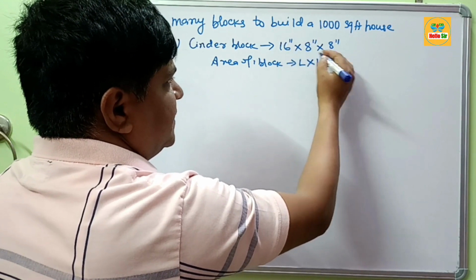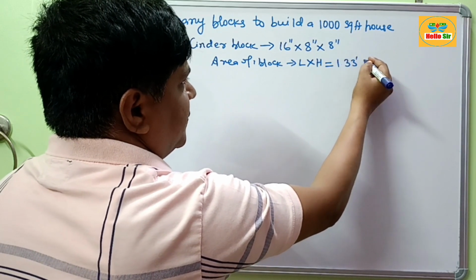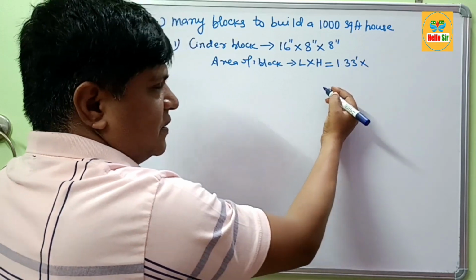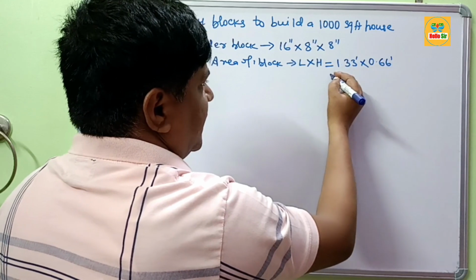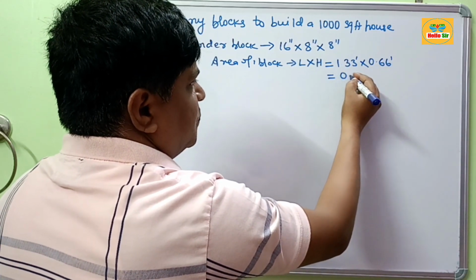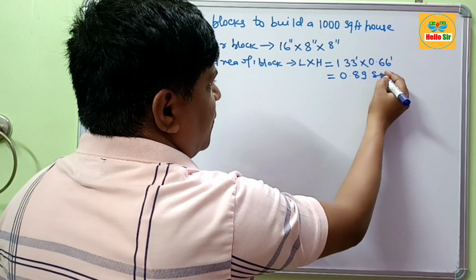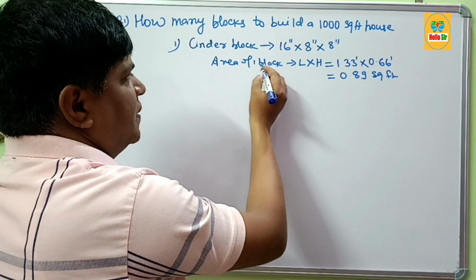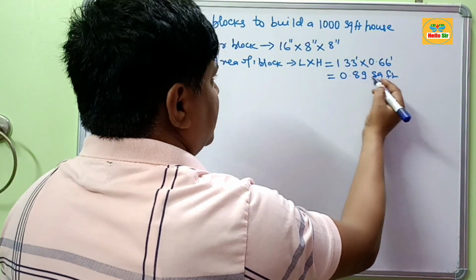That is 16 inches, which means 1.33 feet, and the height is 8 inches. If you convert this to feet, it will be 0.66 feet. This will come to about 0.89 square feet. It means the area of one cinder block will be 0.89 square foot.